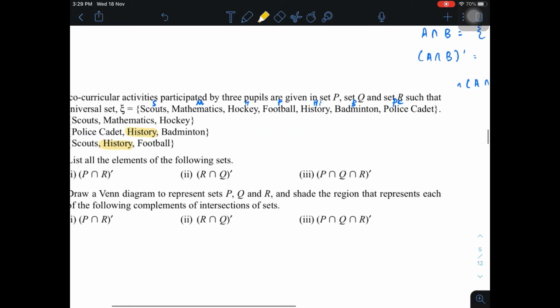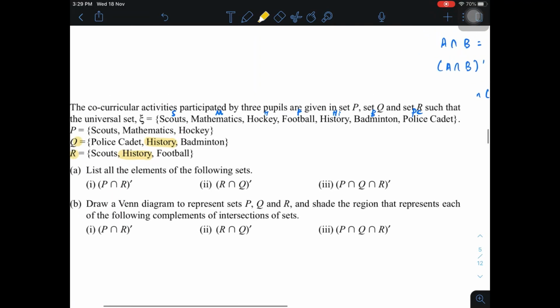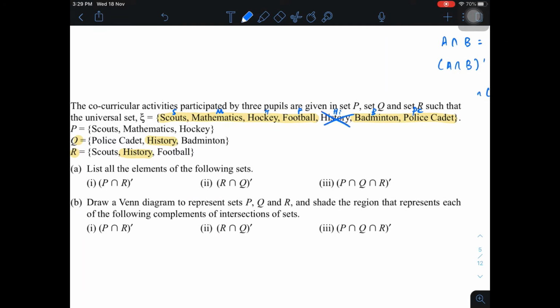So the answer for this complement of R intersect Q would be Scouts, mathematics, hockey, football, badminton, and police cadet, which we will not write history because history is the intersection between R and Q, and I want the complements, which is the opposite, right?